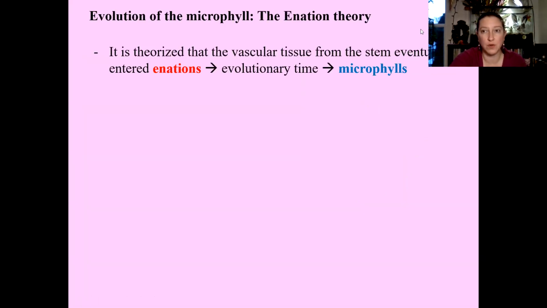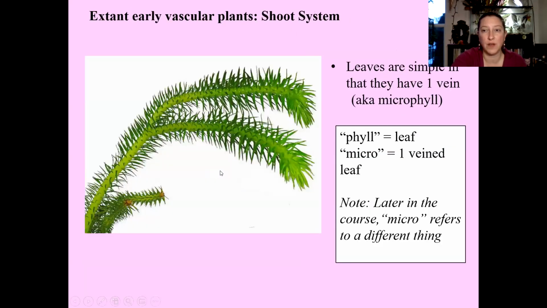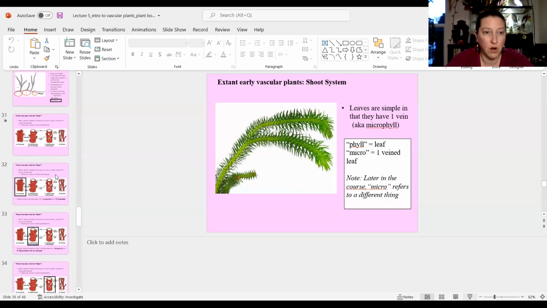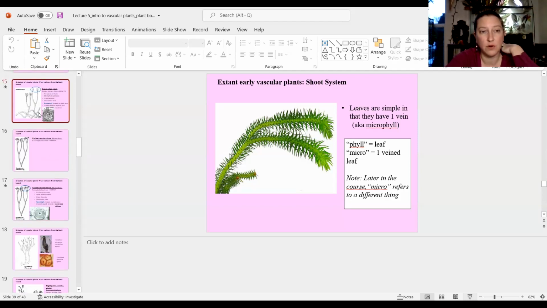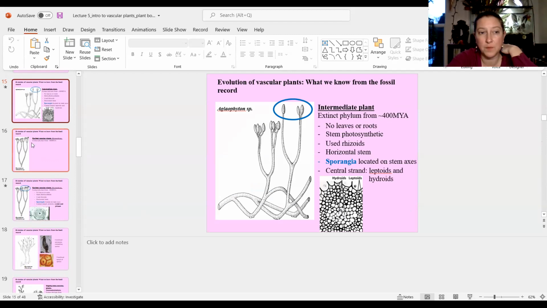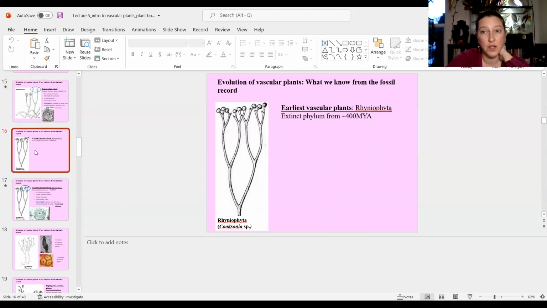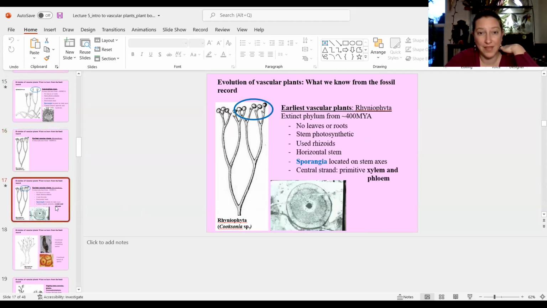Okay, we're finishing up here. We're almost done. One of the last things we have to talk about a little bit is the evolution of the microphyll. Recall those really early plants: first this intermediate plant, and then, based on what we've discovered so far, the earliest example of a vascular plant, and then later this one.